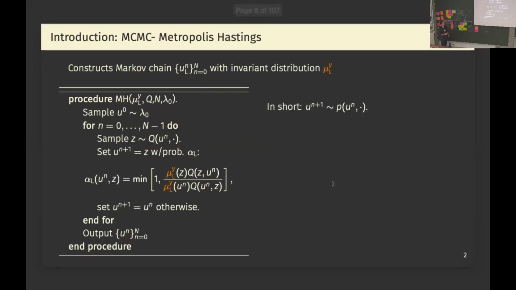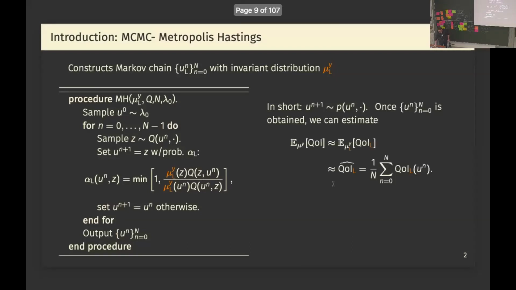Okay, in short, just to introduce some notation that might be useful later, this whole procedure induces a Markov transition kernel P, which in broad terms can be understood as this probability distribution that depends on u_n, from which we sample the next state of the chain, u_{n+1}.